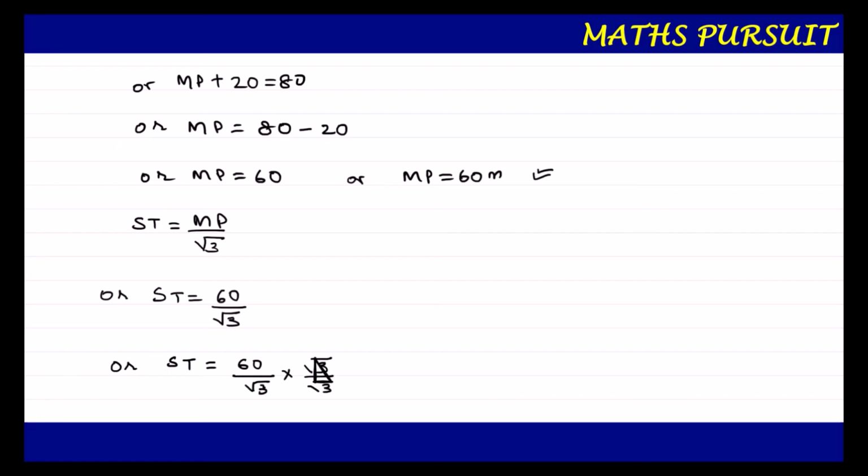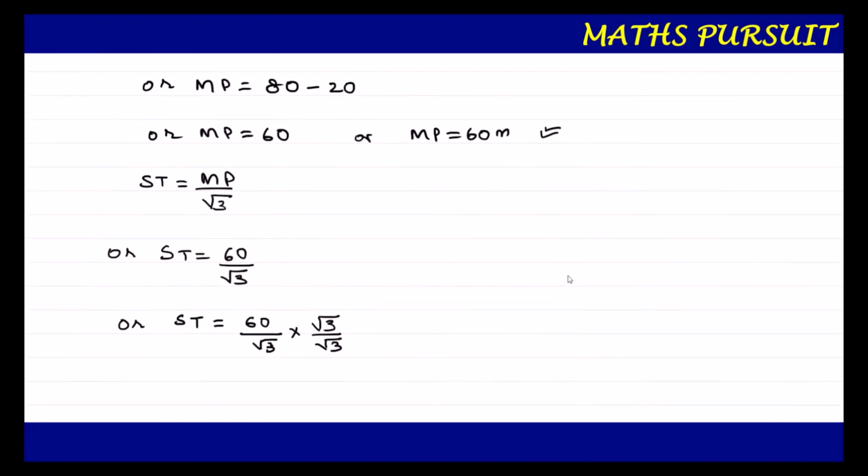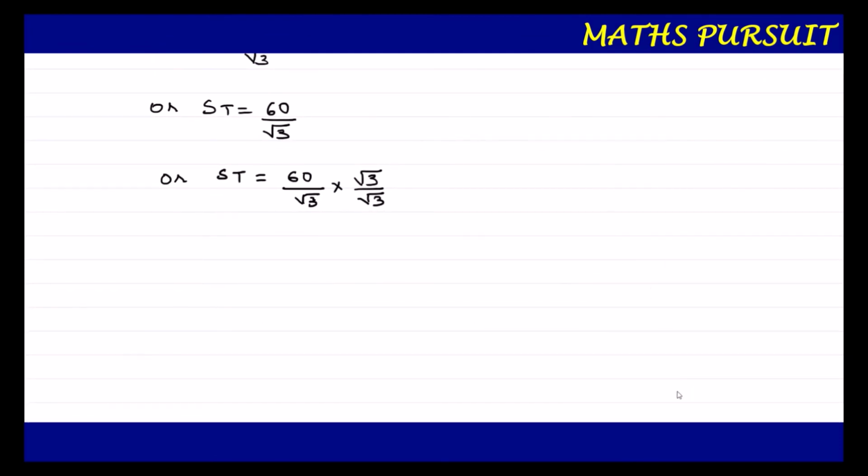If I add the same thing in the numerator as well as the denominator, nothing wrong is going to happen. So that is what I am doing here. In order to remove root 3 from the denominator, I am multiplying root 3 in the numerator as well as the denominator. So I can write ST is equal to 60 root 3 upon root 3 into root 3, because root 3 into root 3 is 3.